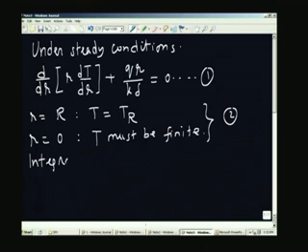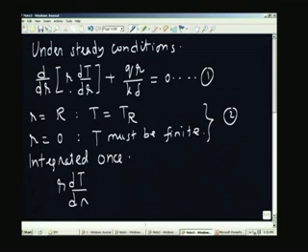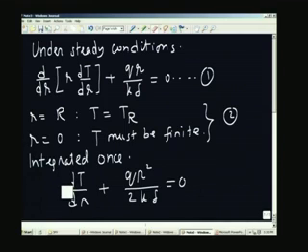If you integrate once, you will get r dT by dr, integrating term by term, plus Q r squared by 2 k delta equal to 0. So this r can be removed, and that r will cancel off with one of the r here. Okay, so that is the equation you are going to get.